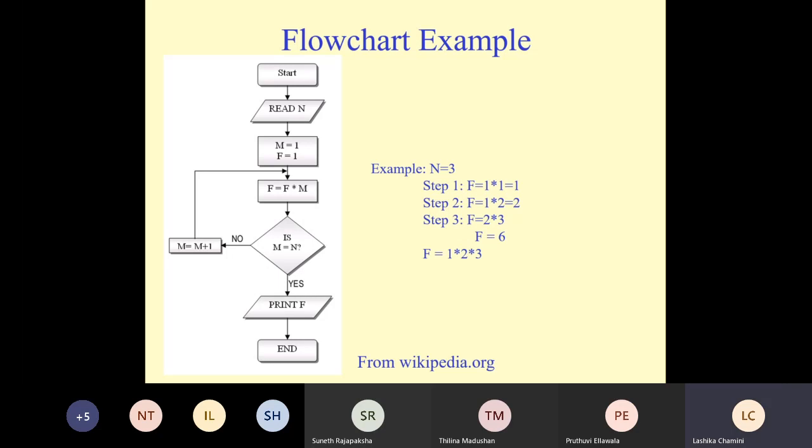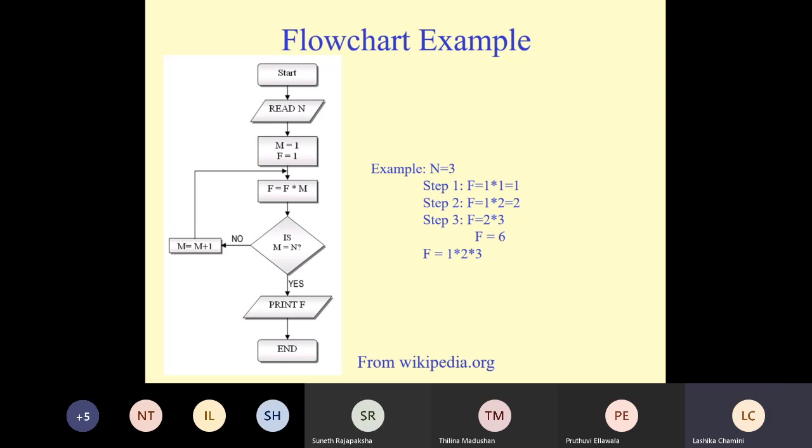And here we have another example of a flowchart. This flowchart is used to get the multiplication of numbers from 1 to n. For example, if you need the multiplication of numbers from 1 to 5, then you have to input 5 as n.